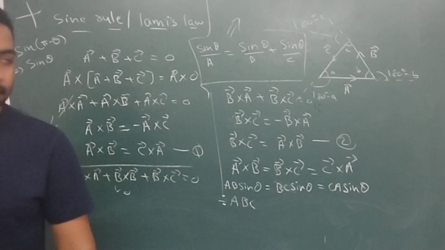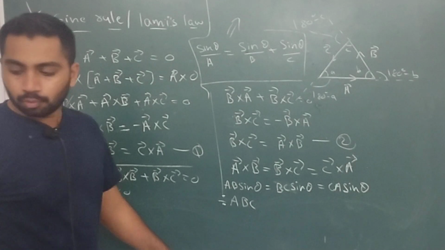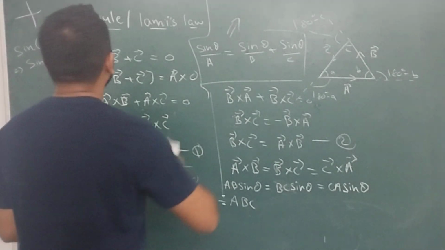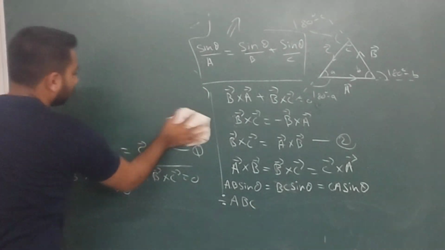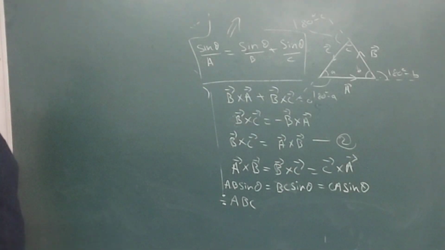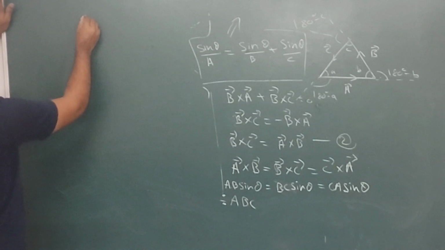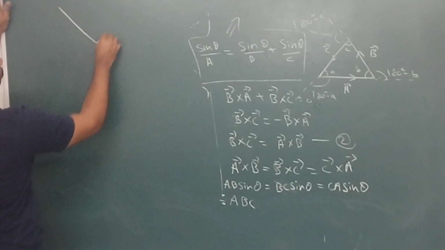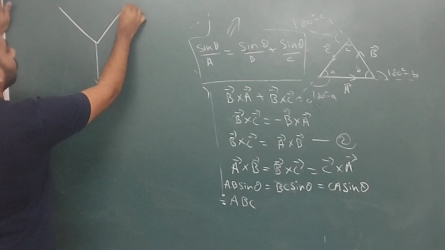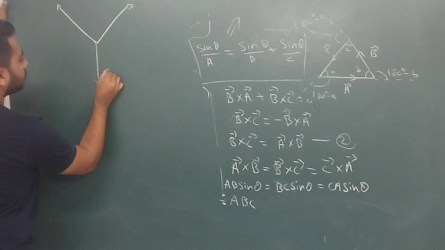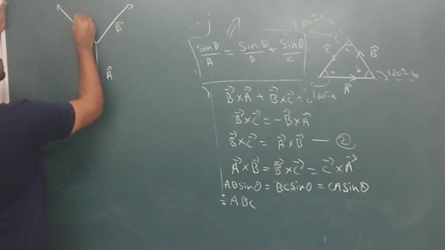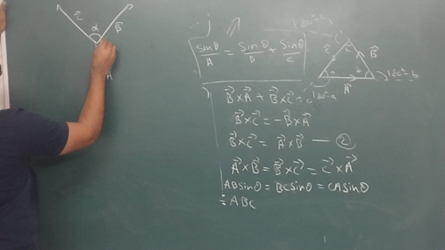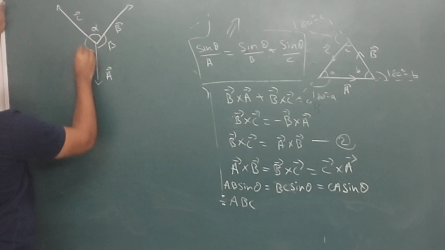Okay. One more last thing is there. See, when we have like this, angles. Let's say this is A vector, this is B vector, this is C vector. Here is alpha, here is beta, here is gamma.